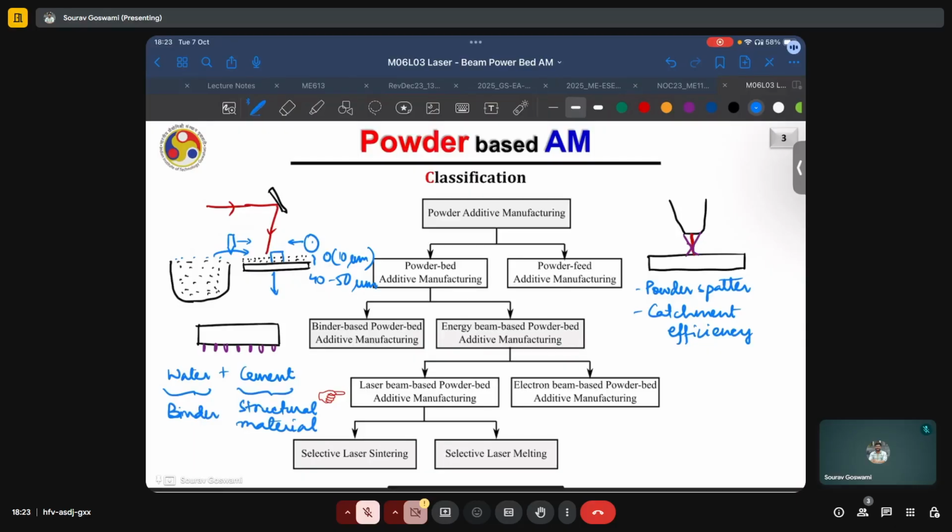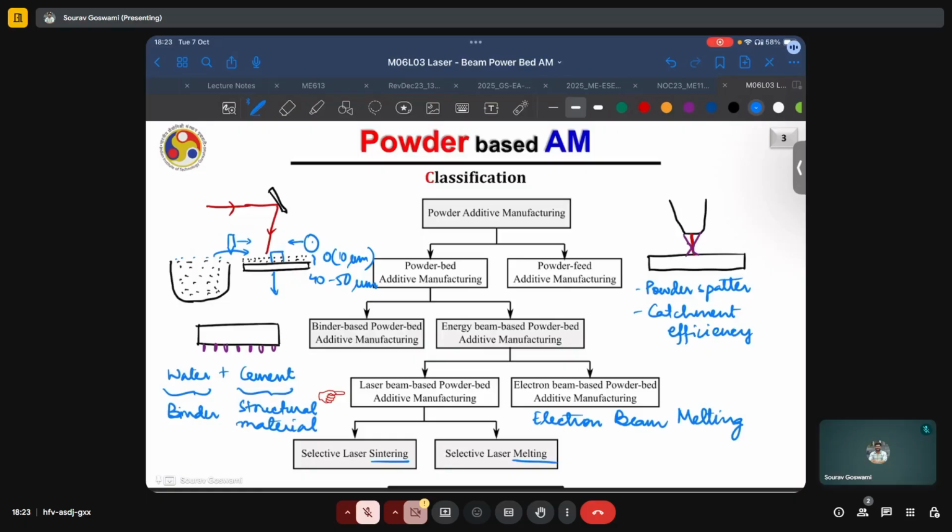The other class of powder bed based AM processes is of energy beam based powder bed additive manufacturing, which can again be divided into two based on the type of energy beam being used. We can either work with a laser beam or we can work with an electron beam. Electron beam based processes are typically called electron beam melting or EBM. And laser and powder based processes are classified into selective laser sintering and selective laser melting.